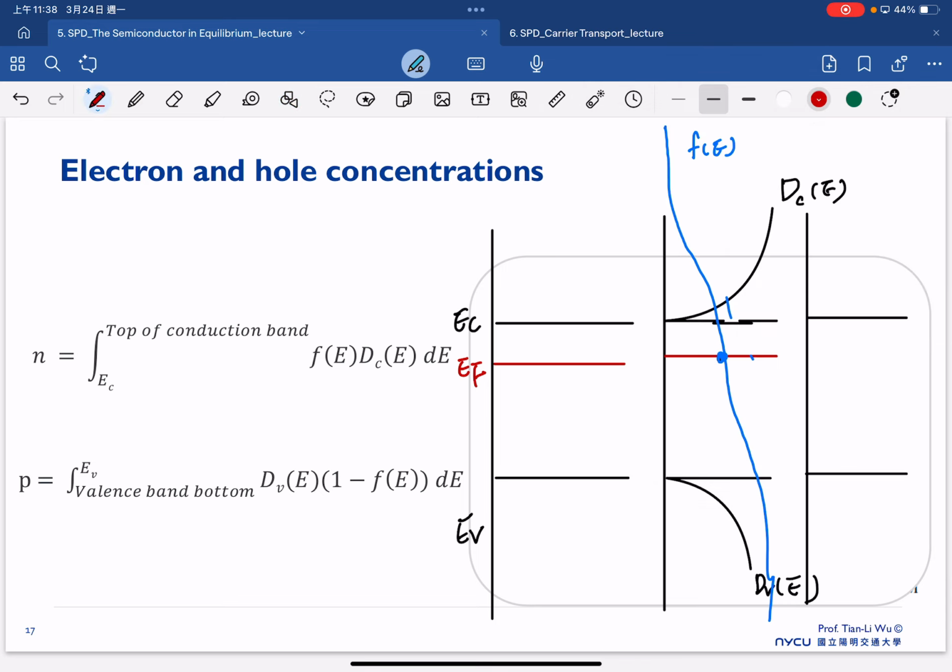The overlap region becoming larger suggests that the electron concentration here is increased, because the area becomes larger, so the concentration is increased.